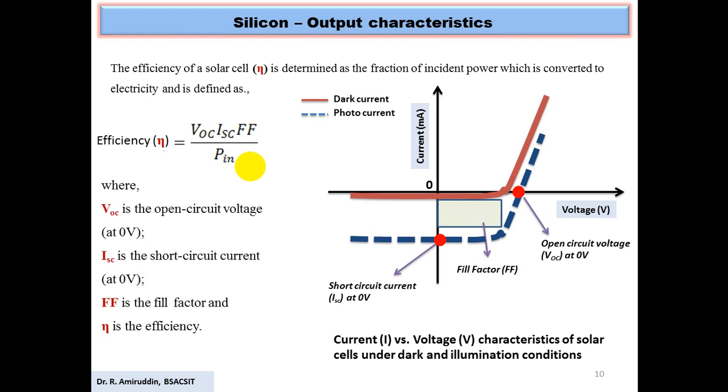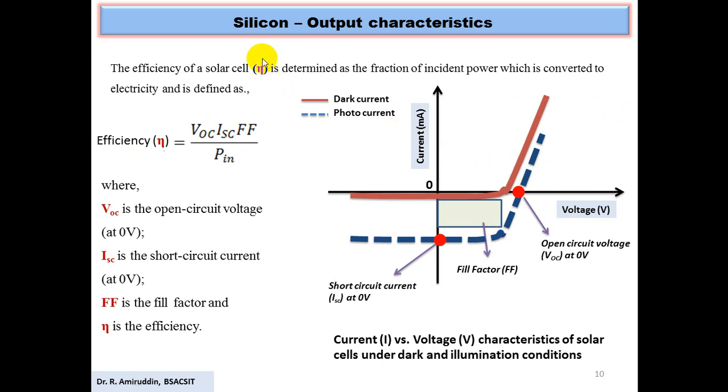So based upon these characteristics, voltage versus current measured under dark and under light, we are able to find the efficiency of the solar cell and how efficiently it converts the incident light into electricity under the mode called photovoltaic mode.